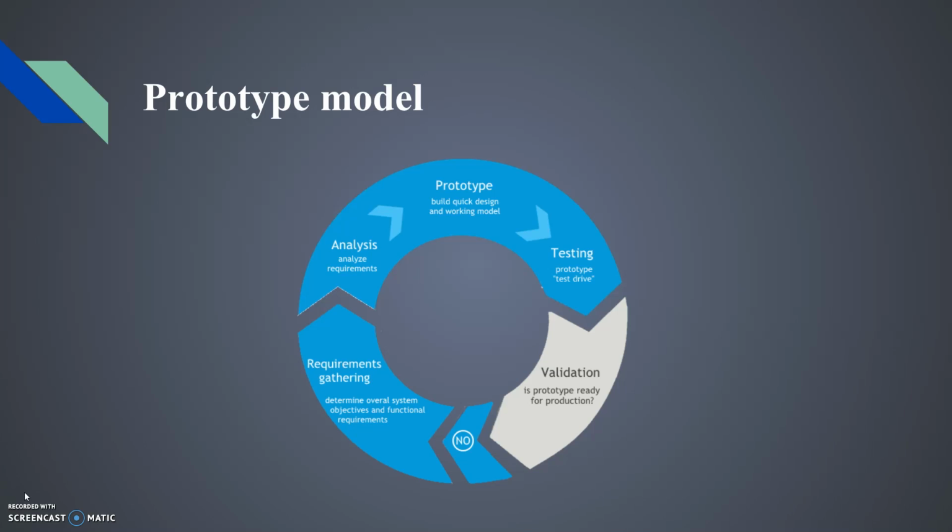The interaction with the prototype can enable the client to better understand the requirements of the system design. Prototyping is an attractive idea for complicated advanced systems for which there is no manual process or existing system to help determine the requirements.